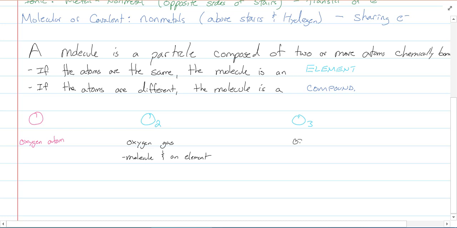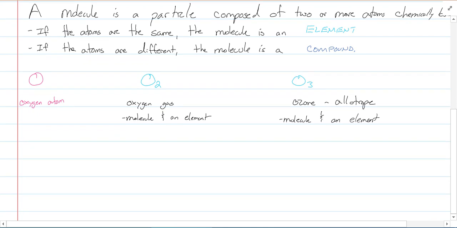Ozone is a different allotrope of oxygen. So it's another way the element comes. It's not its standard way. It's a molecule and an element.